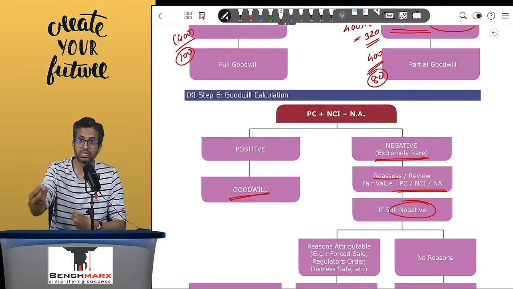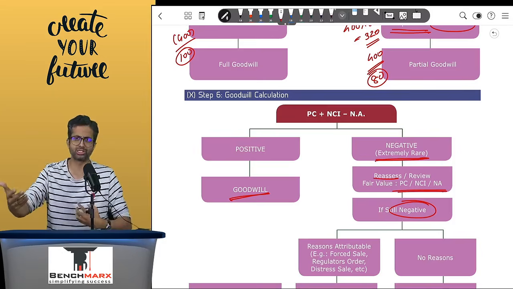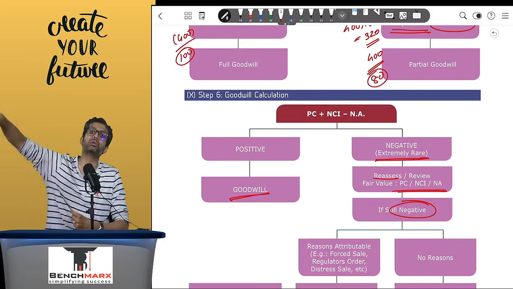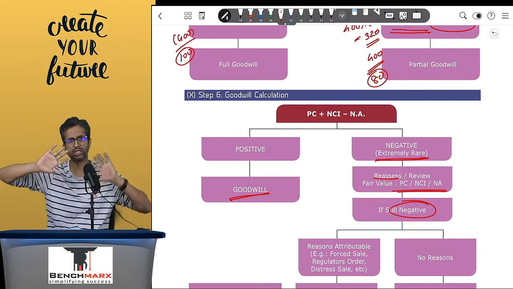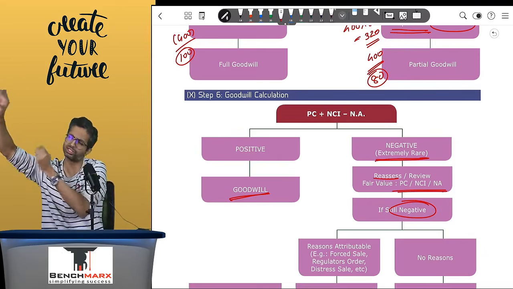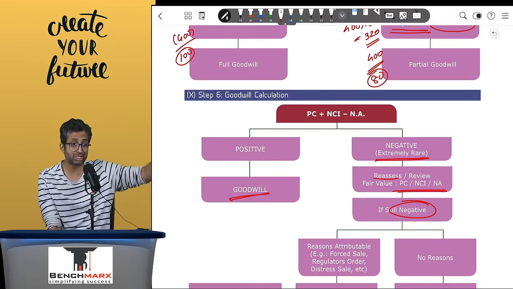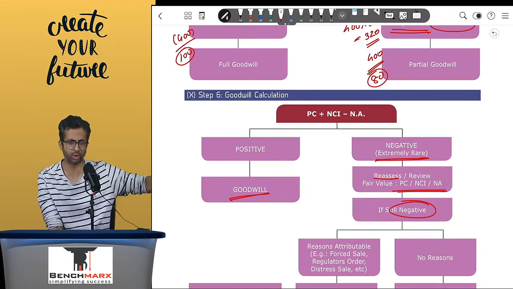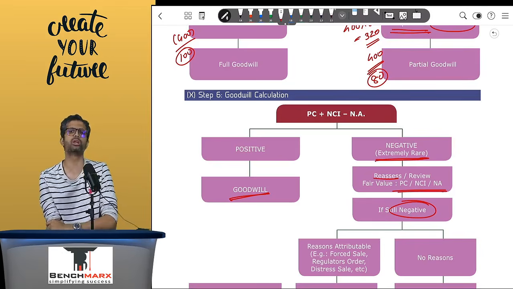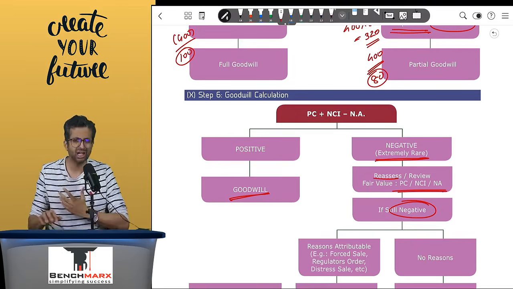Otherwise, if there's no reason why this deal is happening at a cheaper price, no distress sale, no court order, etc., in which case the difference, if any, after all of these reassessments, will directly be accumulated in capital reserve. So if there's a 20 rupees gain on bargain purchase, you have an opening capital reserve, then in the other equity section, you will directly add 20 over there. In case it is a gain on bargain purchase, you will show the 20 as a part of other comprehensive income, and then rather than showing gain on bargain purchase as a separate line item, we'll accumulate it along with the capital reserve. It's a little tricky or confusing.